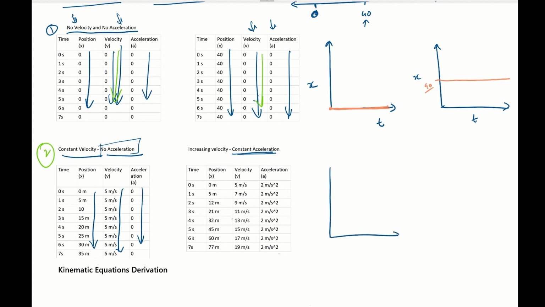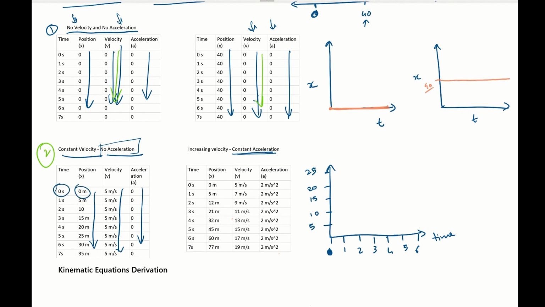So what would the position time graph look like under this scenario? Let us try to draw that. You have time on the x-axis: 0, 1, 2, 3, 4, 5, 6, and you have 5, 10, 15, 20, 25 for position. Let us plot these points.